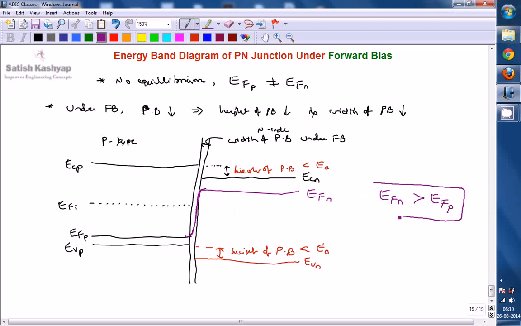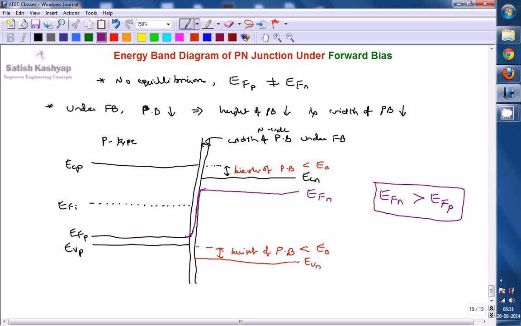This is the condition for forward bias. For forward bias, the Fermi level of n side will be at a higher energy level than the Fermi level on p side. Okay, this is a simple thing, how to draw the energy band diagram under forward bias.